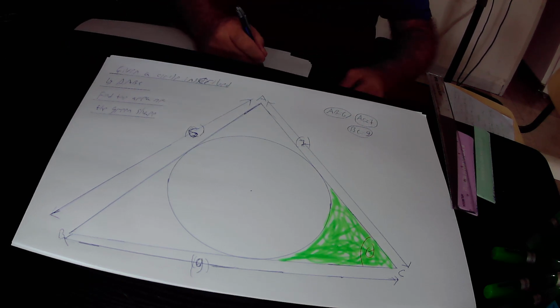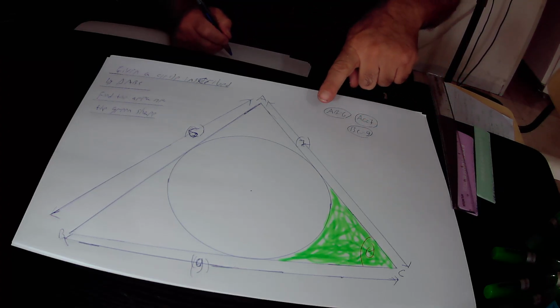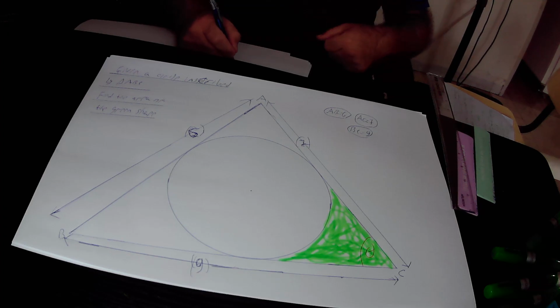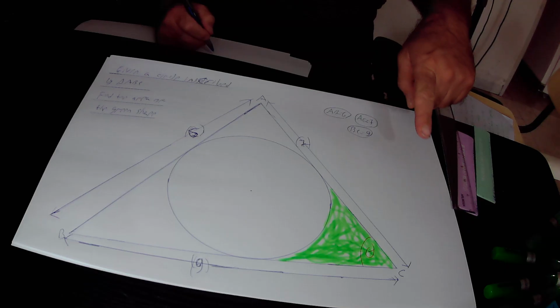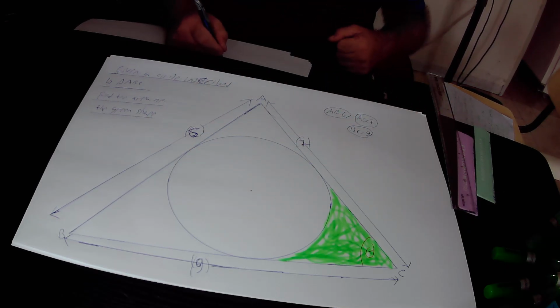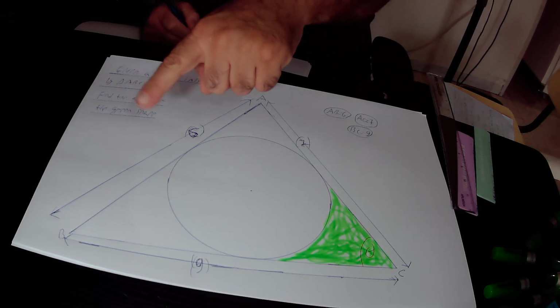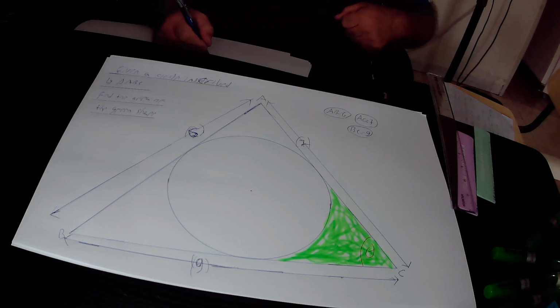So cosine theta equals AC square. AC is 7, therefore AC square is 7 square. Minus CB square. CB is 9, therefore CB square is 9 square. Minus AB square. AB is 6, therefore AB square is 6 square.